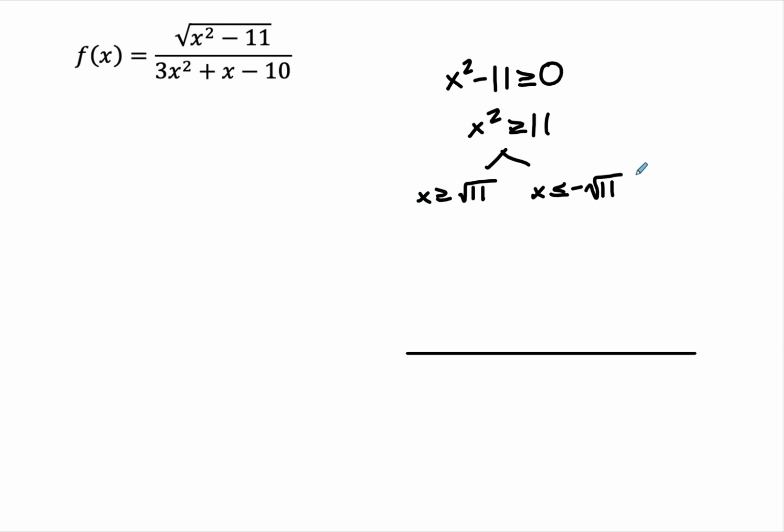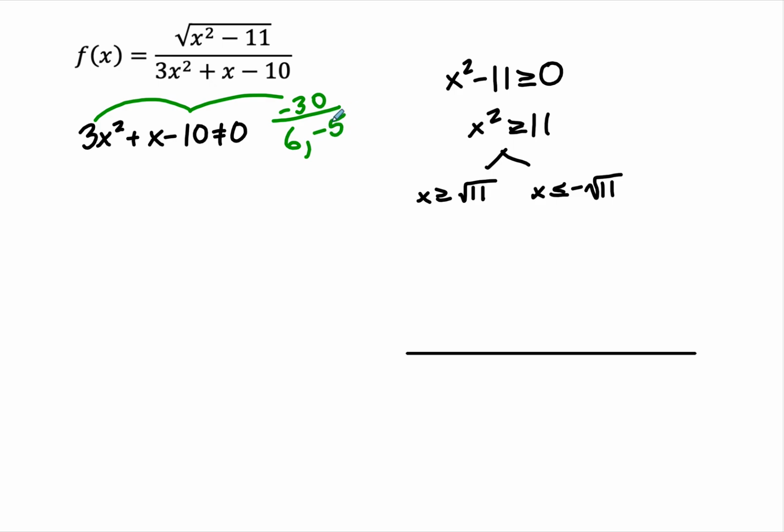So we have two situations here, and then we have to factor the denominator. I'll write this out how I would do it the long way. 3 times negative 10 gives me negative 30, and I need factors of negative 30 that add to positive 1, so that would be 6 and negative 5. Now I'm going to rewrite this as 3x squared plus 6x, and then minus 5x.